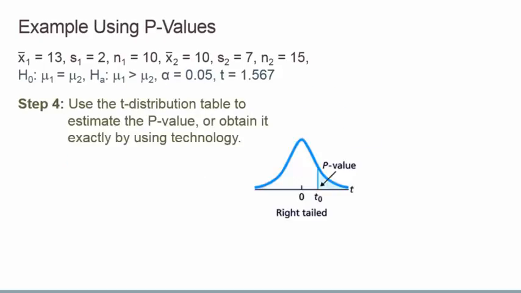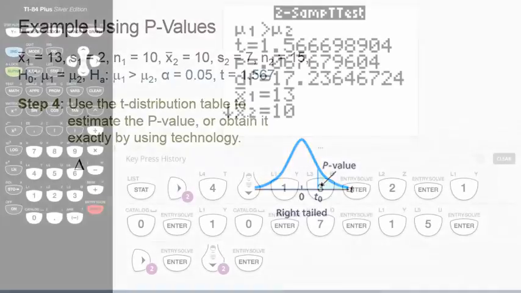Step 4. Use the t-distribution table to estimate the p-value, or obtain it exactly by using technology. If you need delta, that's our degrees of freedom rounded down to the nearest integer. We can find the degrees of freedom by going to our calculator.